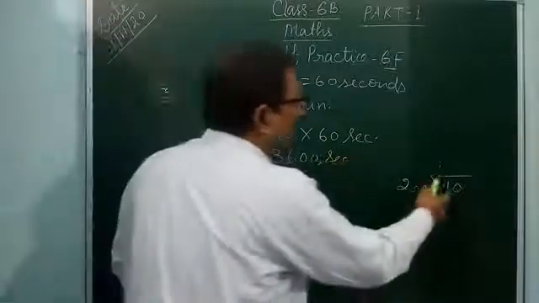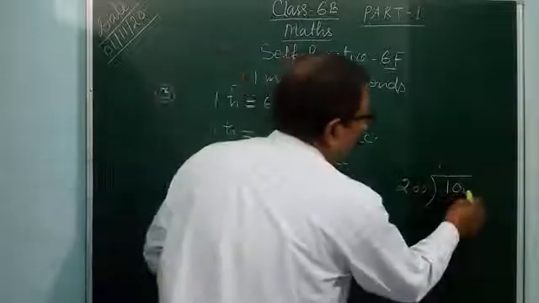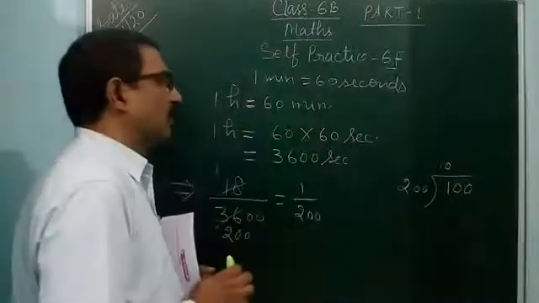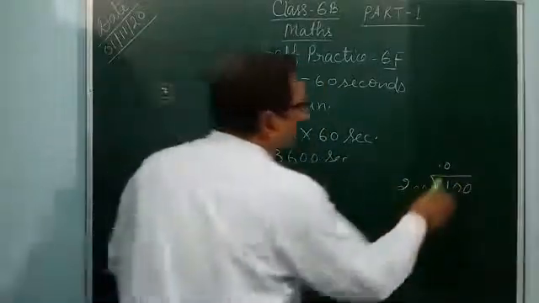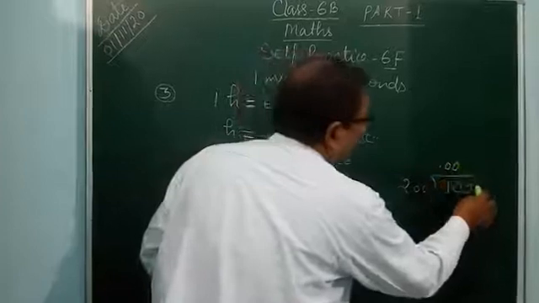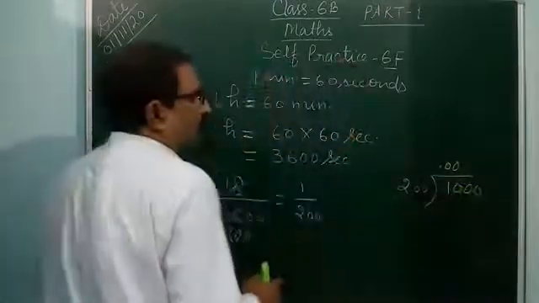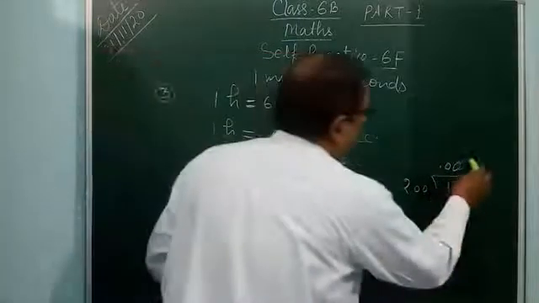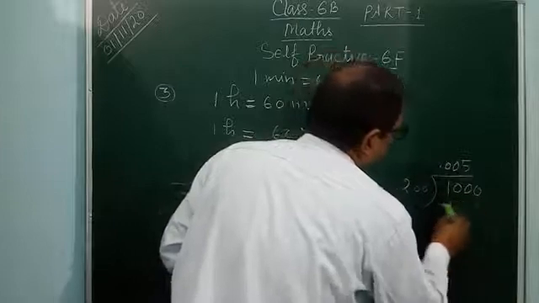Because 10 is less than 200, you add one 0 more, and also add 0 in the quotient. Now it is 100, again it is less. So you add one 0 here also. It is now 1000. So 1000 divided by 200. 5 times will go. 5 times 200 is 1000.